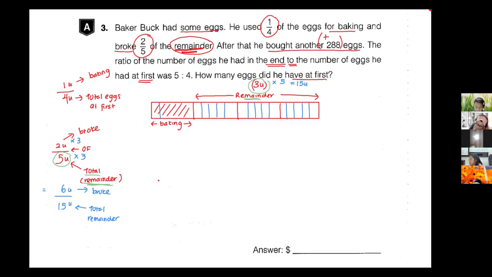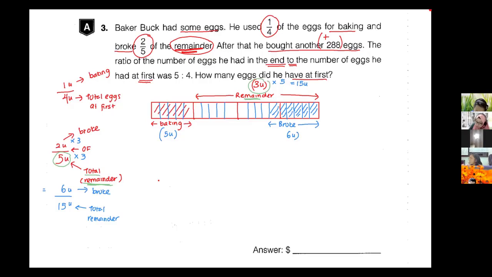Here also must cut 1, 2, 3, 4, 5. Now my baking will be 5 units already. Then I can shade those that he broke. He broke 6 units, 1, 2, 3, 4, 5, 6. This is what he broke.